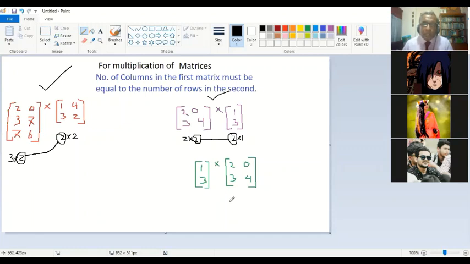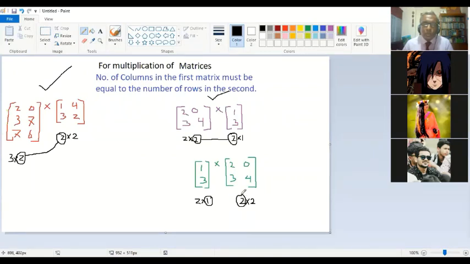So you must say that this is possible to multiply. The green color, the first matrix is 2/1 and the second matrix is 2/2. You will count the number of columns in the first, it is 1. Number of rows in the second, it is 2.